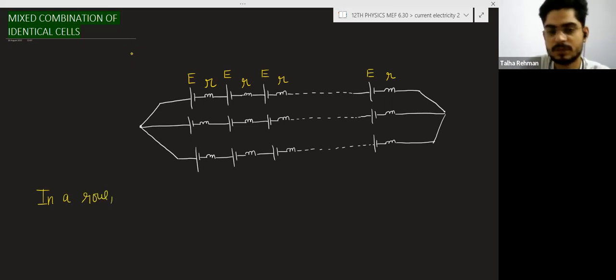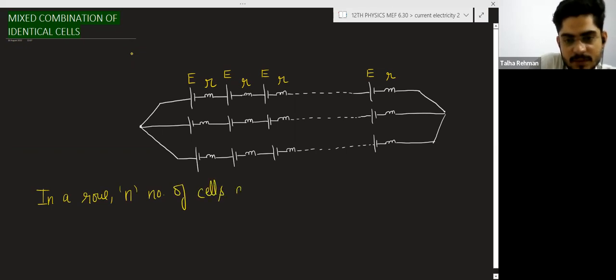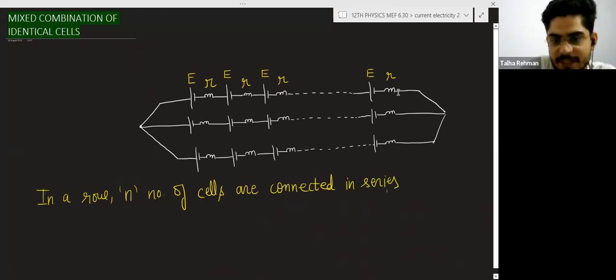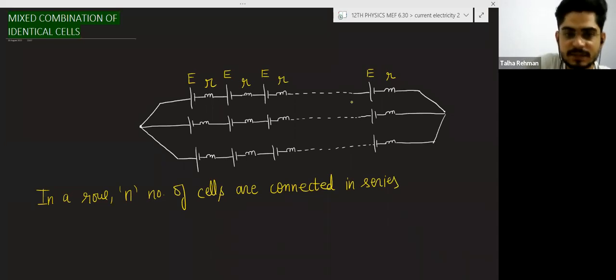Just remember this: small n number of cells are connected in series. You can see here in this row, there are n cells, and all those n cells are connected in series: positive, negative, positive, negative, positive, negative.